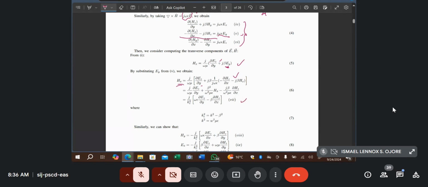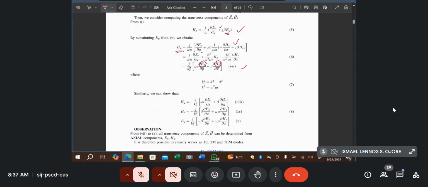So j over kc squared into omega epsilon dEz over dy minus beta dHz over dx. What you can see is that now Hx is expressed in terms of Ez and Hz. For now, just call kc squared equal to k squared minus beta squared. We'll see why those are written like that.